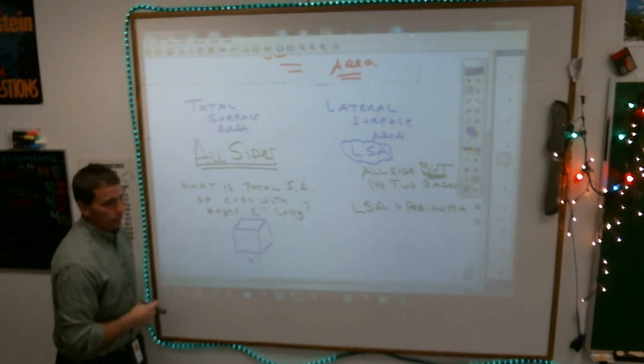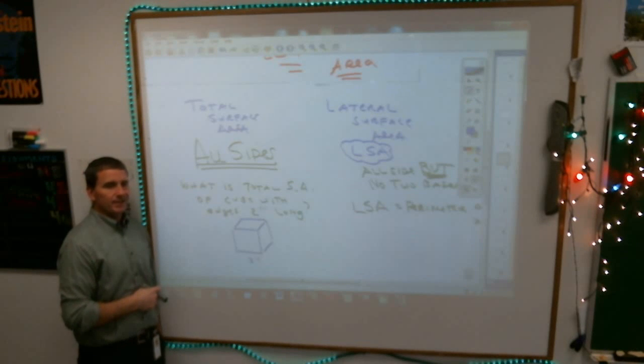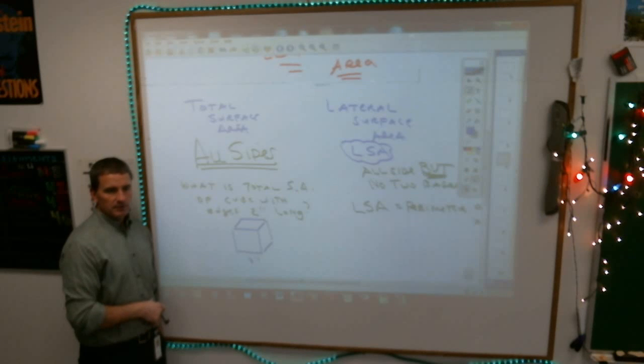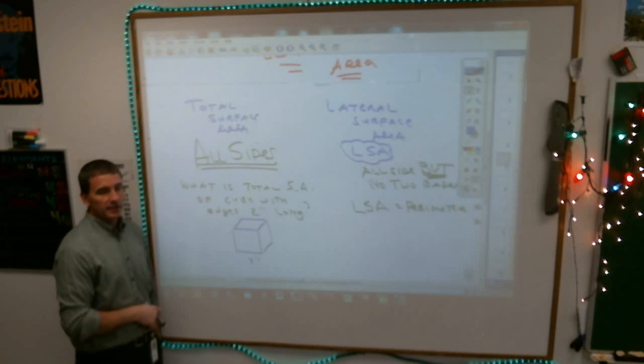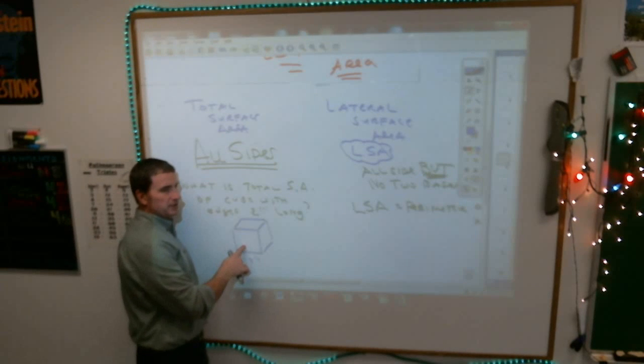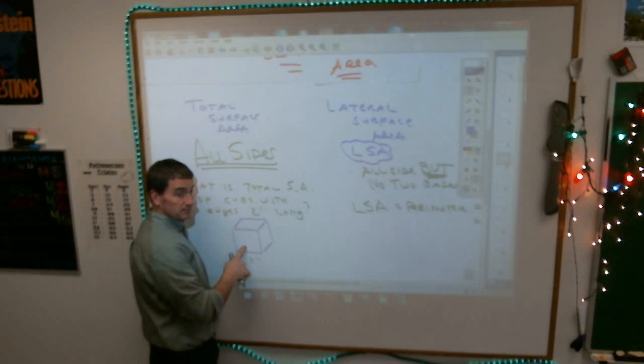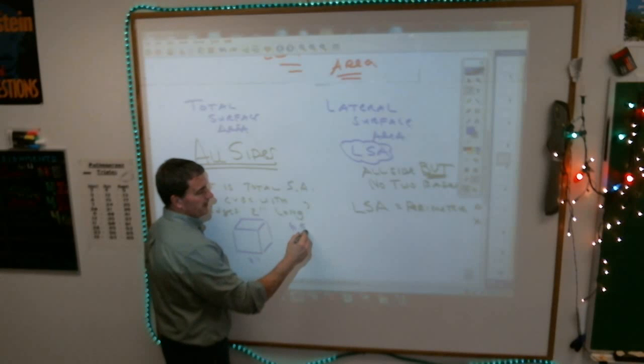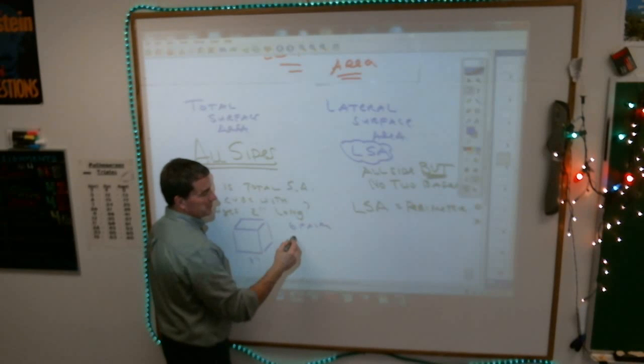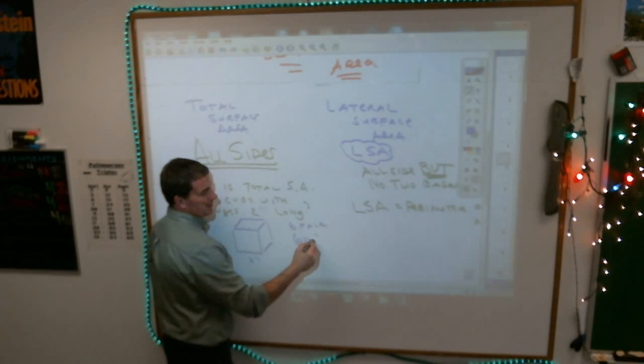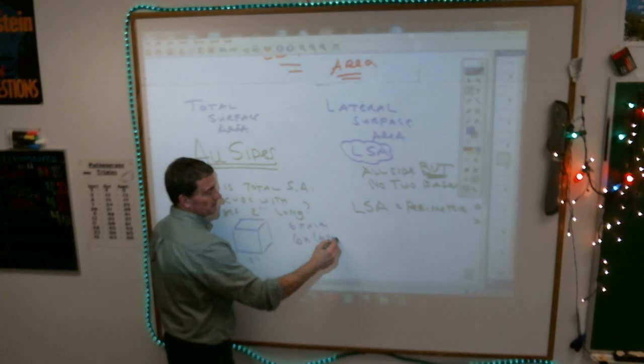Now, why would total surface area be easier to find on a cube? Because, Jaden said it already, all the faces are exactly alike. So, you have how many faces? 6 faces. They are all identical, so you can just take 6 times the area of each face.